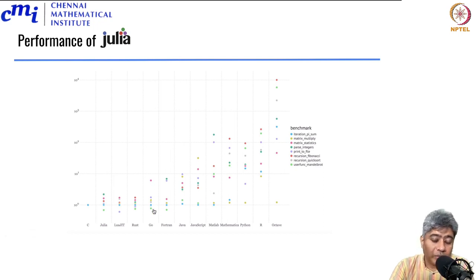LuaJIT and Rust are also similarly comparable. Go is a new language by Google that is also very fast and comparable. Fortran is in the same space. But if you see R, with respect to R, Julia was 10 times faster. And with respect to Python also, on average, Julia was 10 times faster.